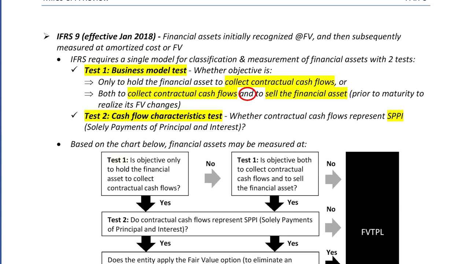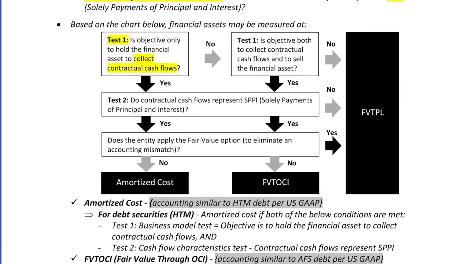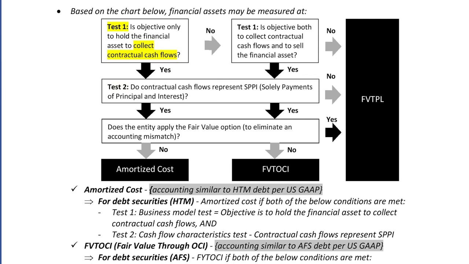First, we got test 1, where the question is whether the objective is to hold the financial asset to collect contractual cash flows. If yes, test 2, do the contractual cash flows represent SPPI, solely payments of principal and interest.